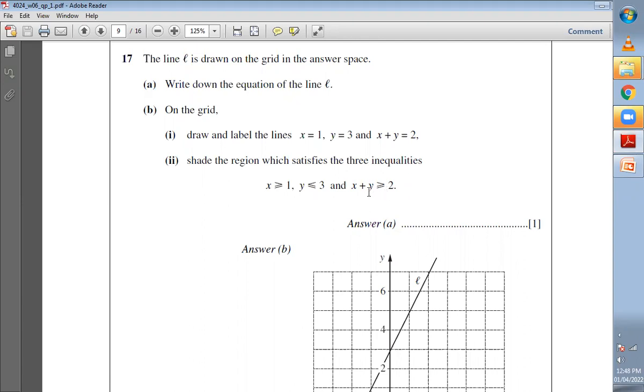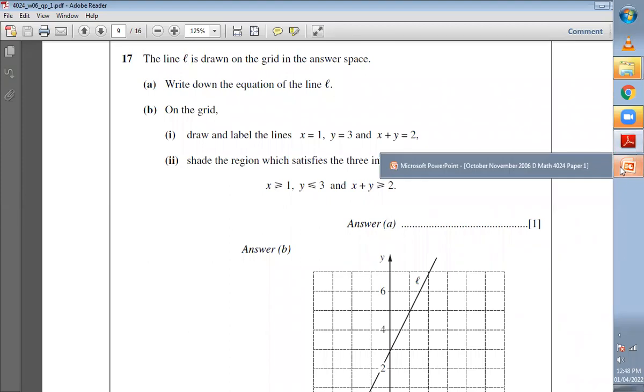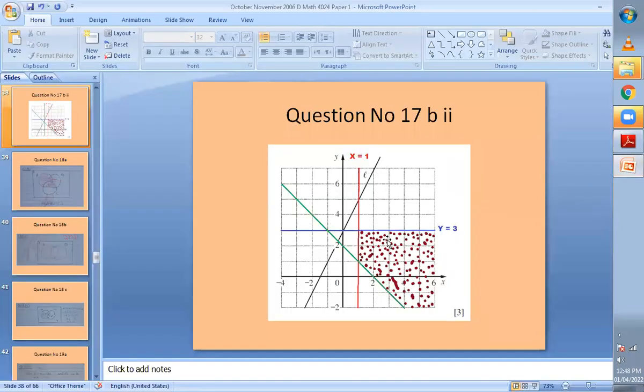Because the crocodile's mouth is towards y, you have to remain above that line. So this is that green line, and above that line will be this. If you combine these three, this is the area which is to be shaded.